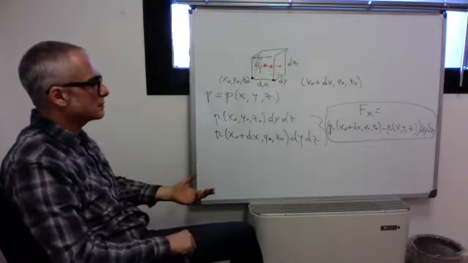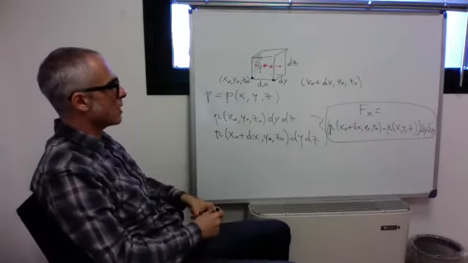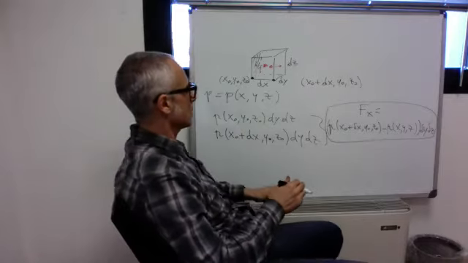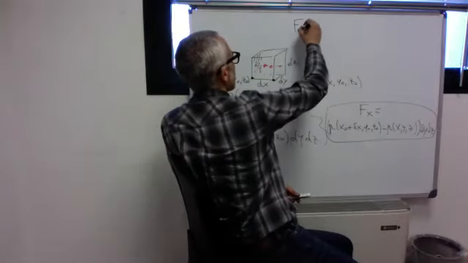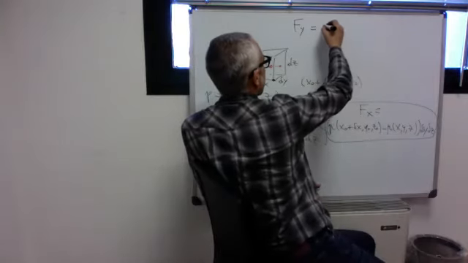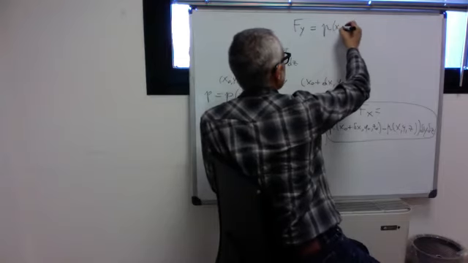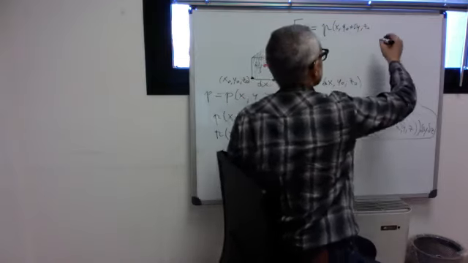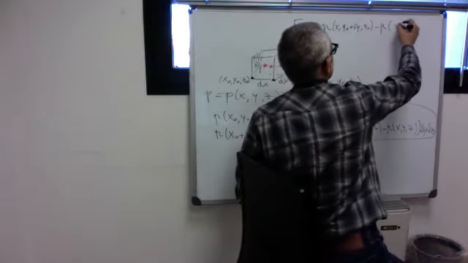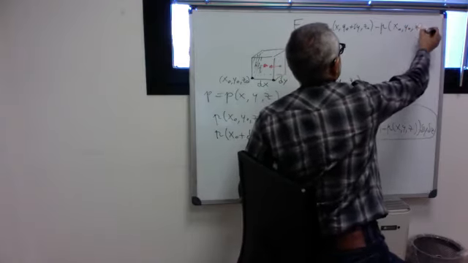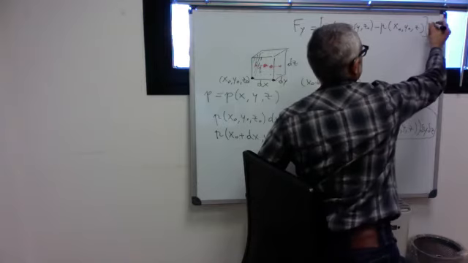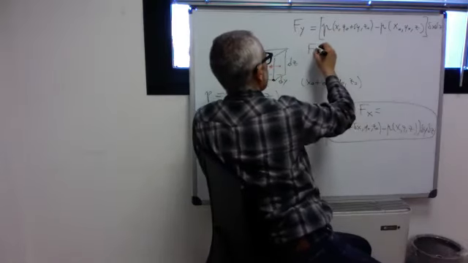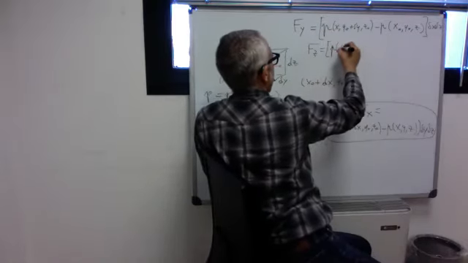Please, for now, believe me, but you can quickly verify on your own when you have some time, that for Fy you would get P of x, y0 plus delta y, z0, minus P, multiplied by dx dz, and for Fz it's also very similar.